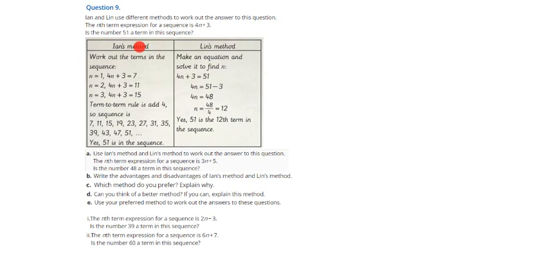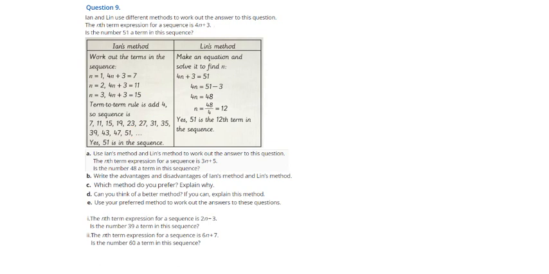Now Ian's method is different. He took the nth term and replaced n by 1, 2, 3, 4. This is the trial and error method. He found the terms of the sequence, first term, second term, third term, like that. He found many terms, and at the end he found that 51 is also a term of the sequence.